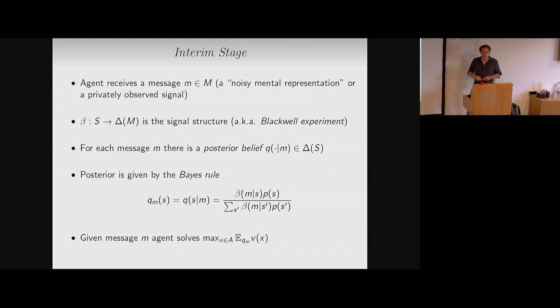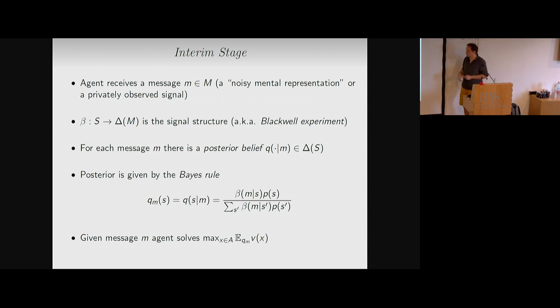So for each message, there is a posterior belief that the agent has over the states. That's given by the Bayes rule that we all love. It's the conditional probability.